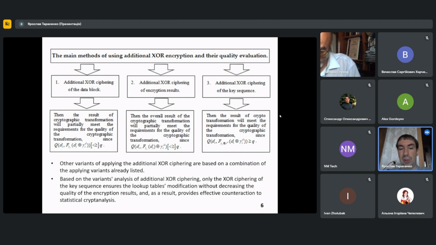Other variants of applying the additional XOR ciphering are based on a combination of the plain variants already listed, and based on the variance analysis of additional XOR ciphering, only the XOR ciphering of the key sequence ensures the lookup table's modification without decreasing the quality of the encryption results, and as a result provides effective counteraction to statistical cryptanalysis.